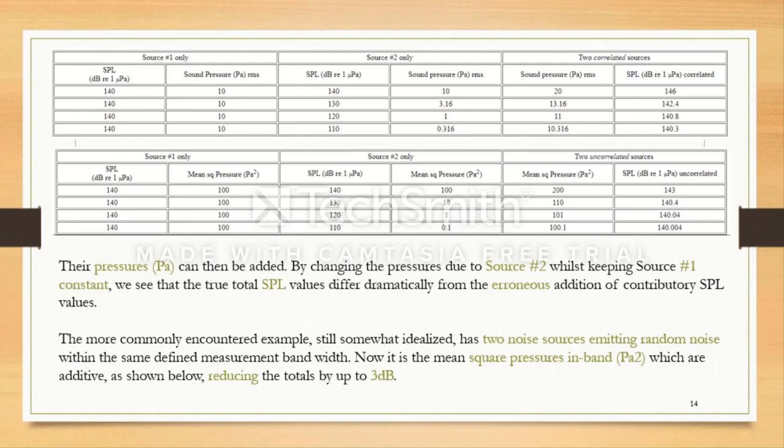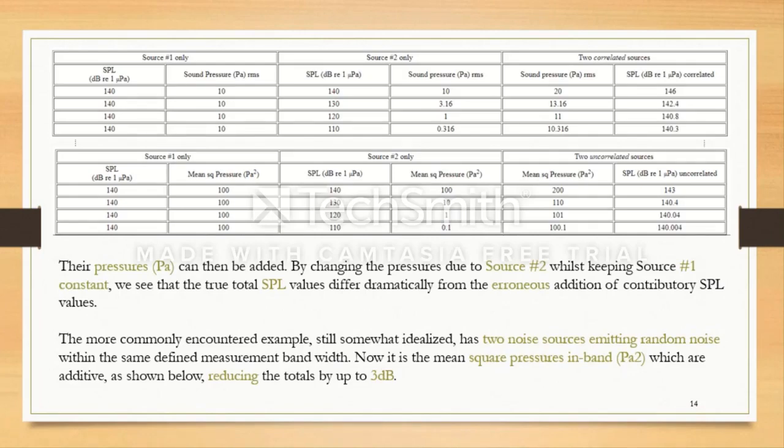The third section is for two correlated sources or two uncorrelated sources. For sound pressure, we have the two different sources added to each other. For example, for the first row, we have 10 plus 10. For the second row, we have 10 plus 3.16. For the third, also like this.